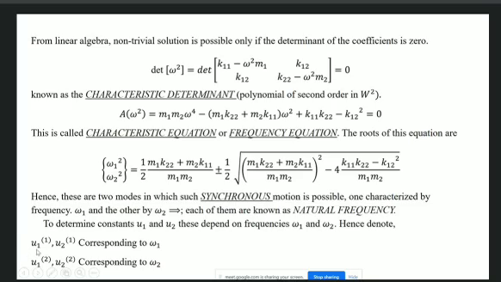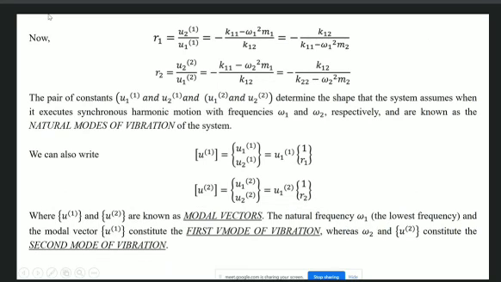So the two terms of the first mode shape vector we are calling as u1 to the power 1 and u2 to the power 1, then u1 2, u2 2, that is corresponding to omega 2, and then we are having the ratio.